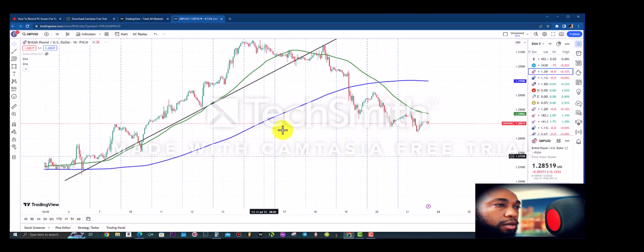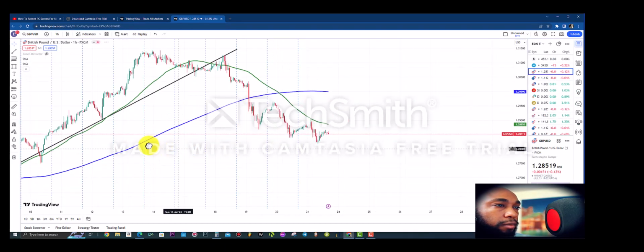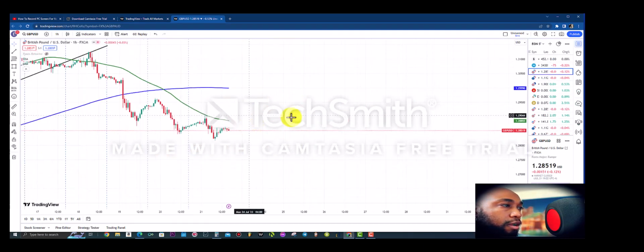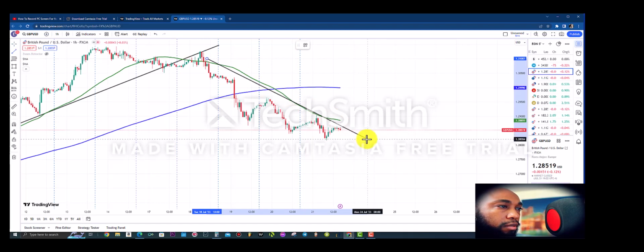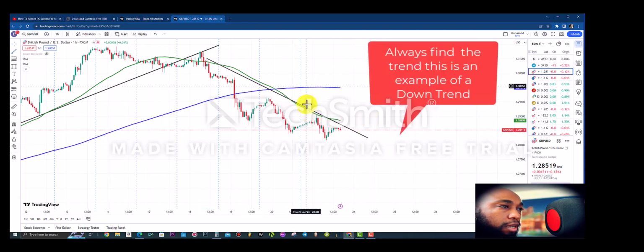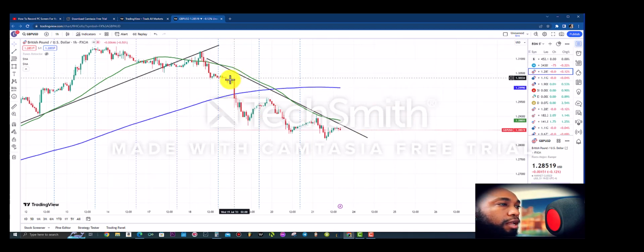See, down to the 1 hour, and you see price has been trending down right in this area here. Price below the 50 and the 200. So how I would trade this is I would wait for the market to make a move, pull back, basically like a break and retest, right?